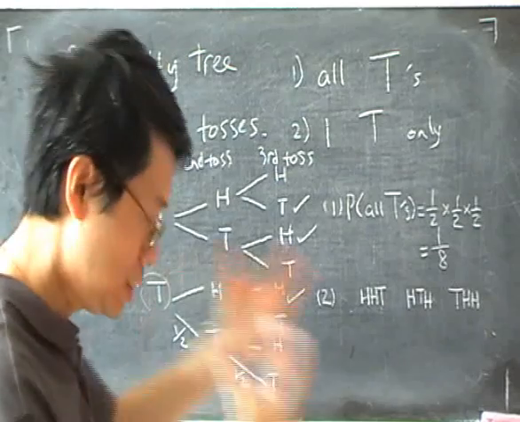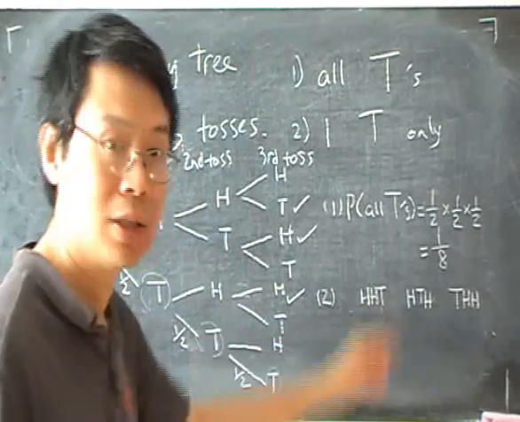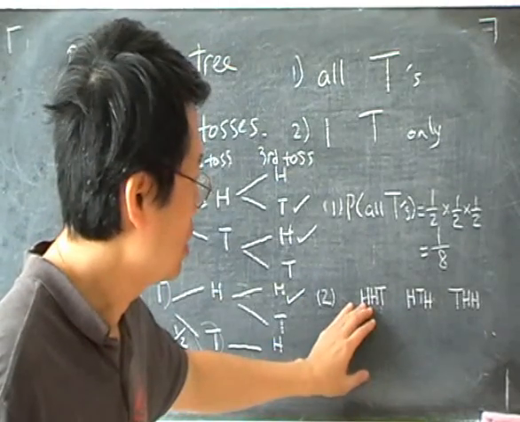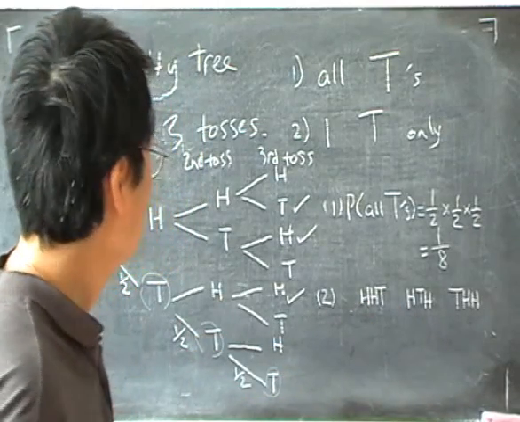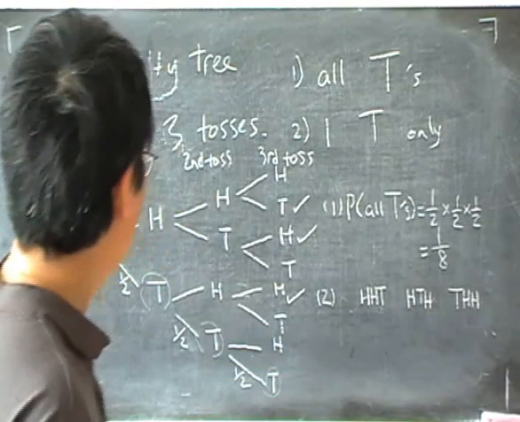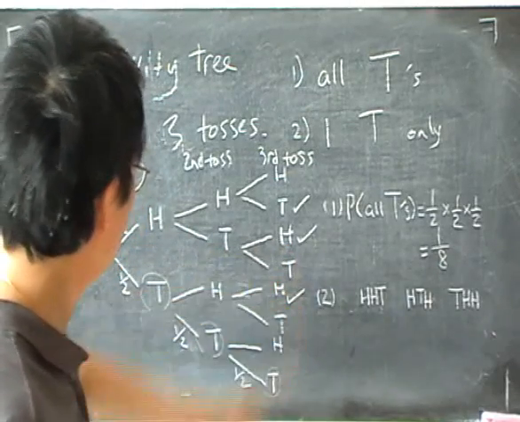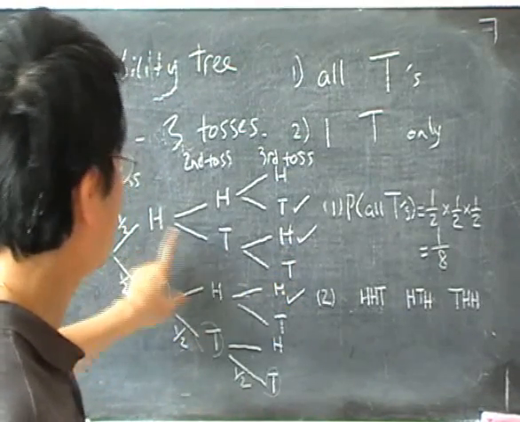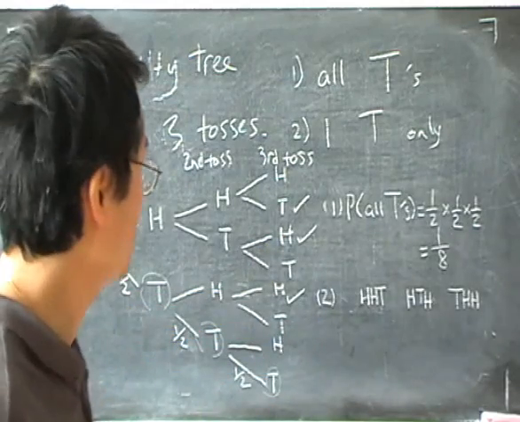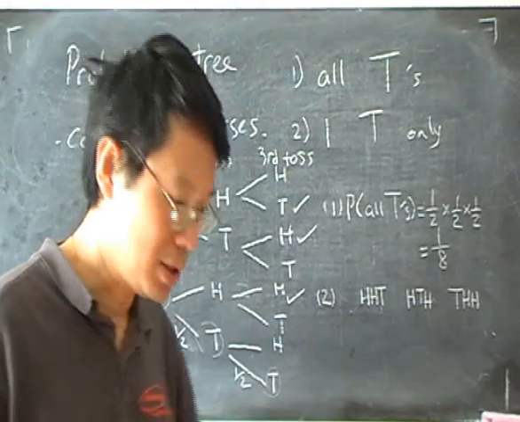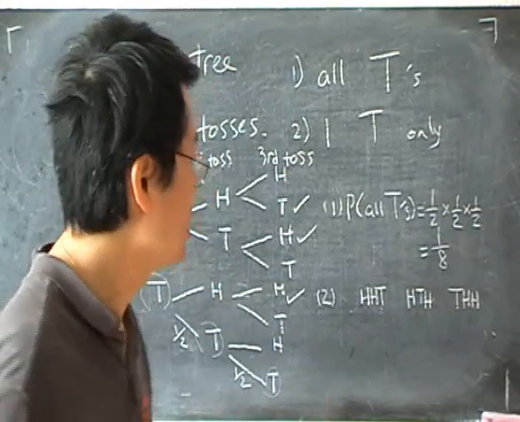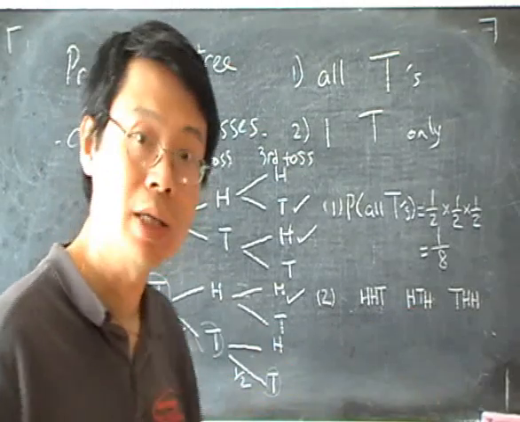Alright, so I've done the three tosses and I get a head-head-tail. That's what head-head-tail means. Now what does it mean by head-tail-head? Head-tail-head means that my first toss is head, second toss is tail, third toss is head. So I've done the three tosses and I get a head-tail-head.